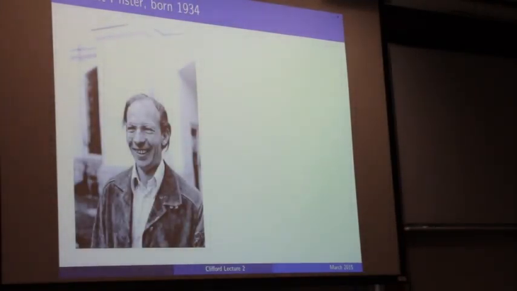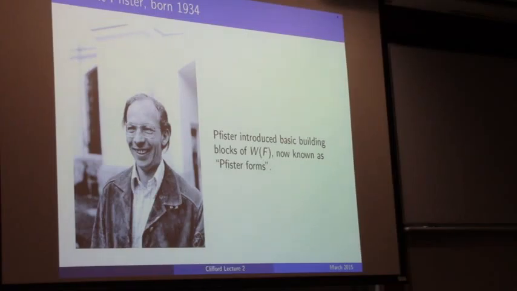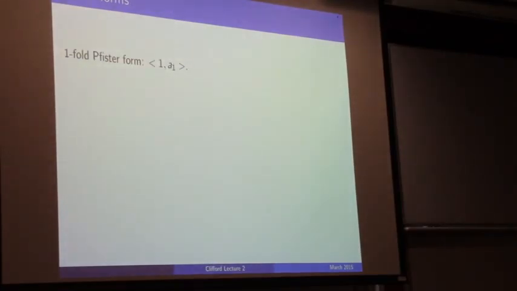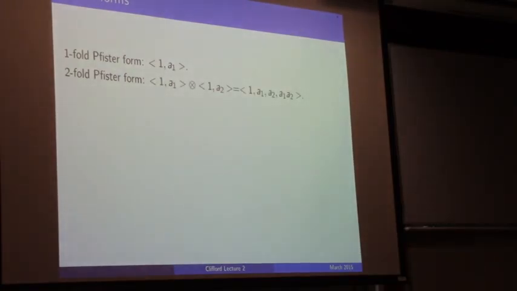So let me now tell you what the Pfister form is. These are basic building blocks of the Witt ring. So a one-fold Pfister form is a one-dimensional form of the form <1, a>. And then the two-fold Pfister form is a tensor product of two of these. So it's <1, a1> tensor <1, a2>.